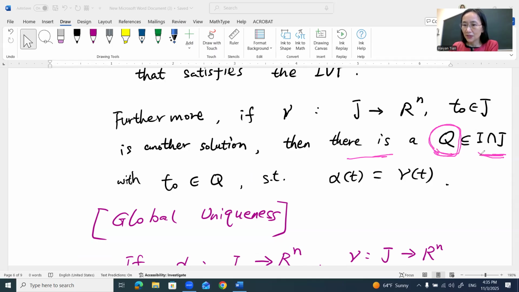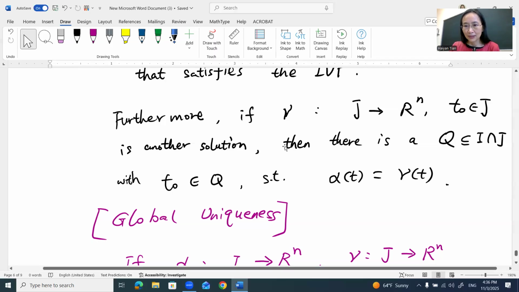It is a subset of this interval Q. The solution is unique. So this version shows that we actually proved existence and uniqueness over some interval.